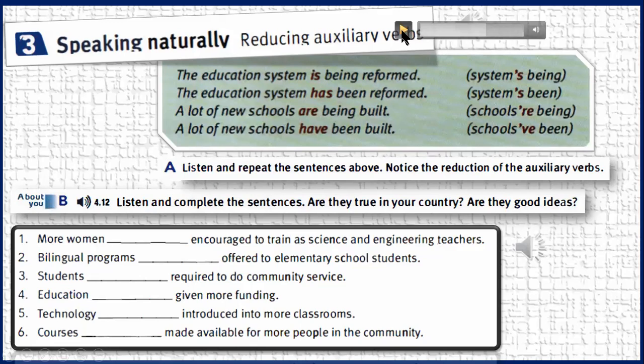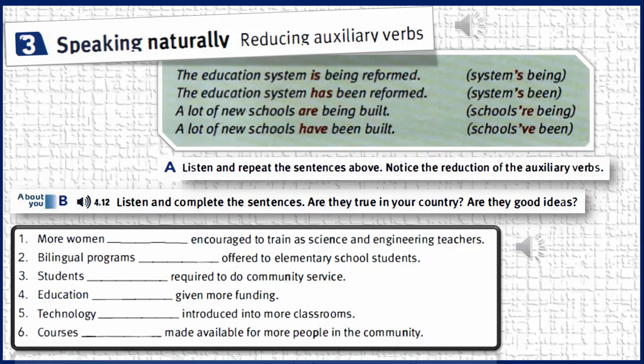Last one. A lot of new schools have been built. A lot of new schools have been built. Okay, we don't say "have been". Well, yeah, you can say it like that, completely. A lot of new schools have been built.